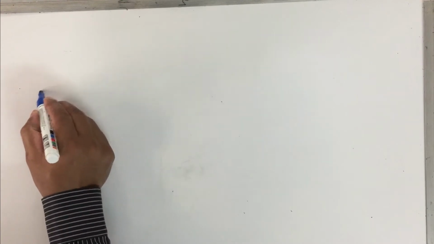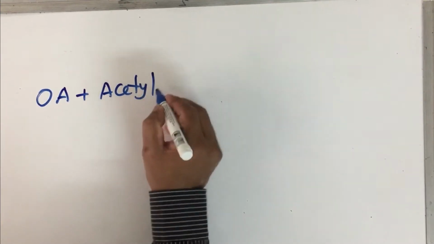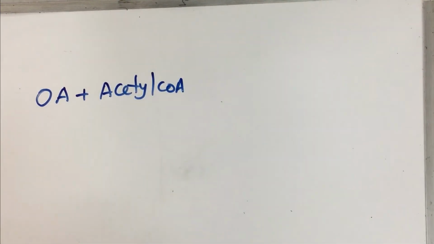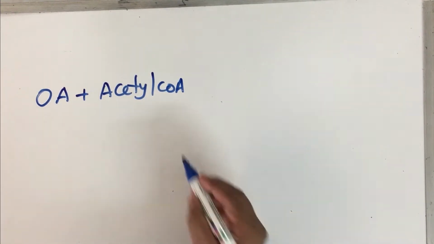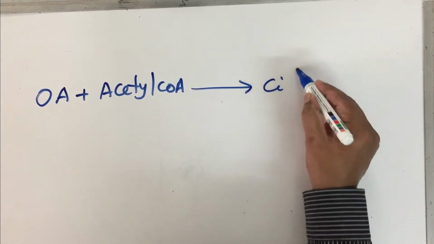So remember, it all begins similar to the TCA cycle. We begin with oxaloacetic acid and acetyl CoA, which comes from fatty acid oxidation or carbohydrate oxidation. This will be converted to citrate.